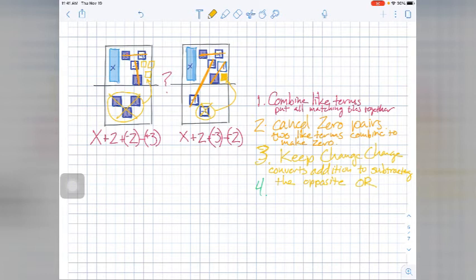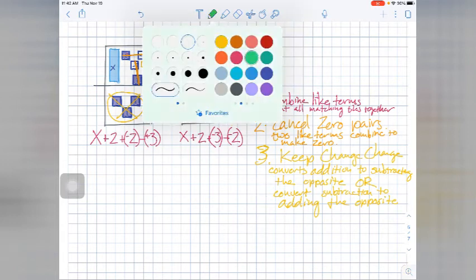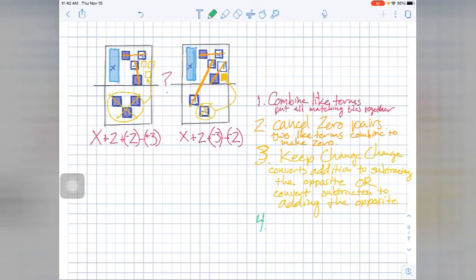Or, as I like to do it, what we just did here was we convert subtraction to adding the opposite. Okay. And then step 4 is we just write the simplified expression. So that is our simplified expression.